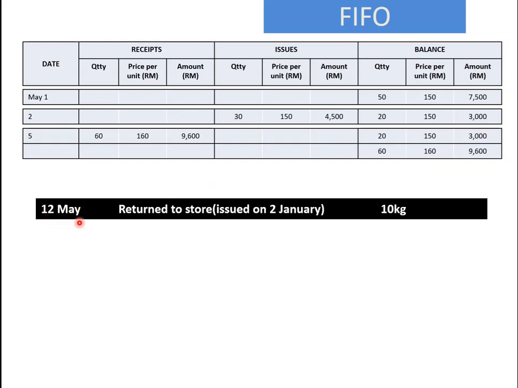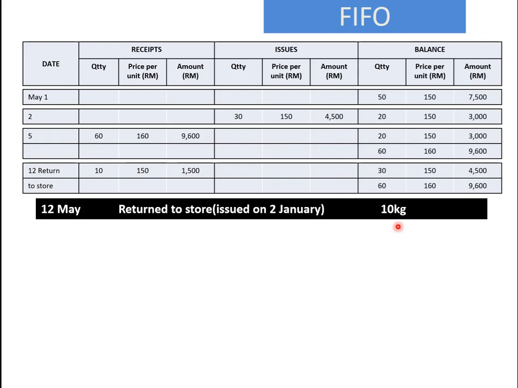On 12th May, returns to store, which is material issued on the 2nd, 10 kg. So return to store meaning we receive the stock. So 10 kg, this is stock in, which is 10 kg at Rm 150.